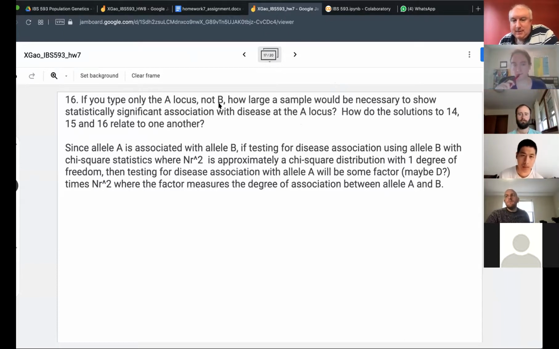I know that the A locus is associated with the disease, but I'm not able to sample A directly, but I know that A is linked with B. Then if I can compute the D statistic, the linkage disequilibrium for locus B, I can also perform the same chi-square test, or the approximation to the chi-square test, to test for association between the B allele and the disease.